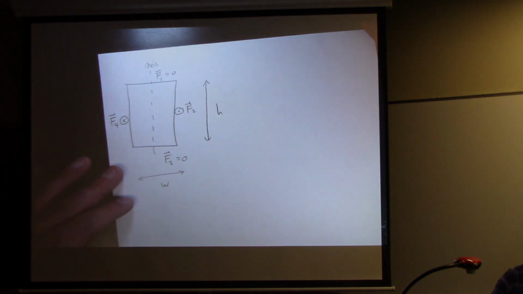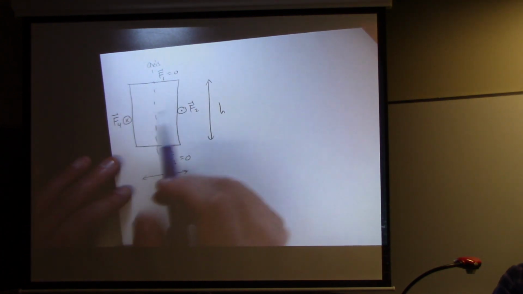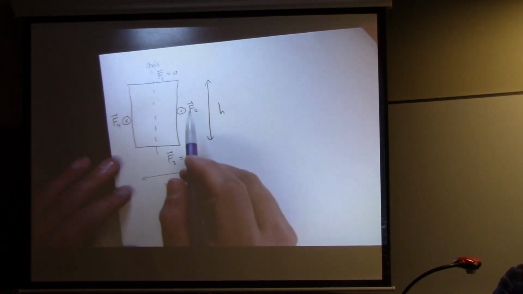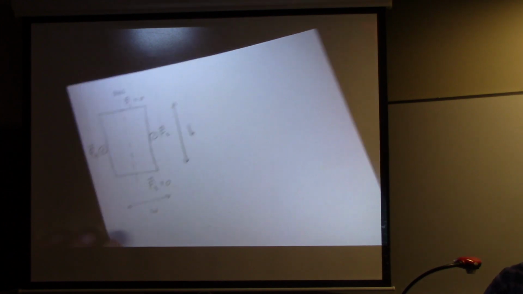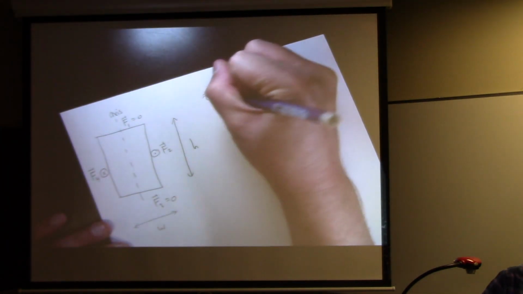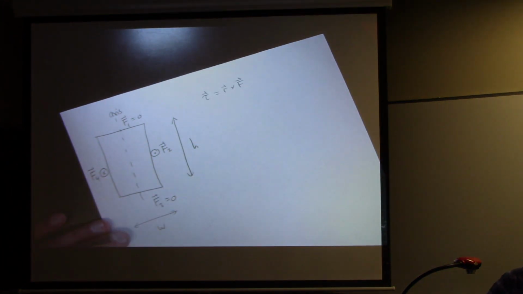F is 0. If we talk about number 2 and number 4, those forces are going out of the page for force number 2 and into the page for force number 4. Okay, so we're going to make a calculation for each one of these of torque based on the fact that torque is equal to r cross F.